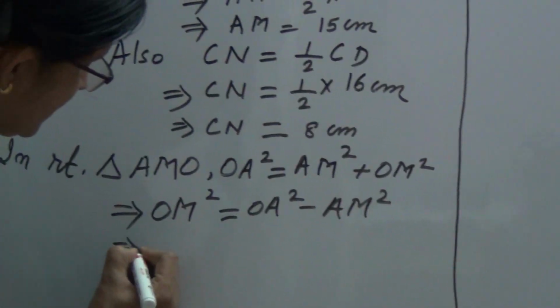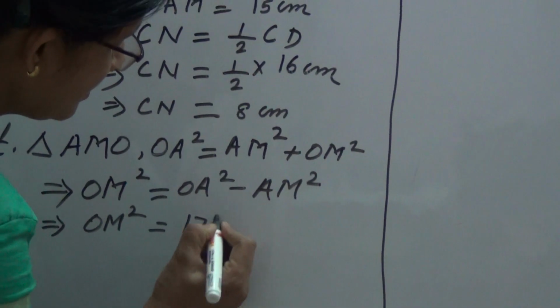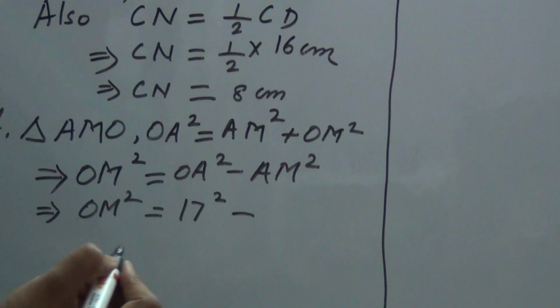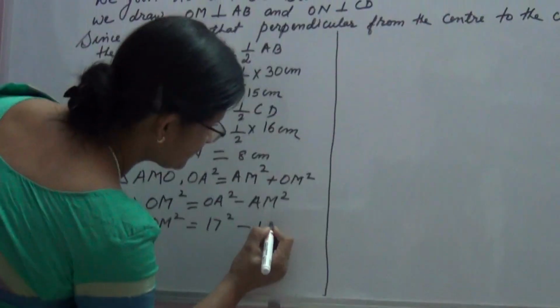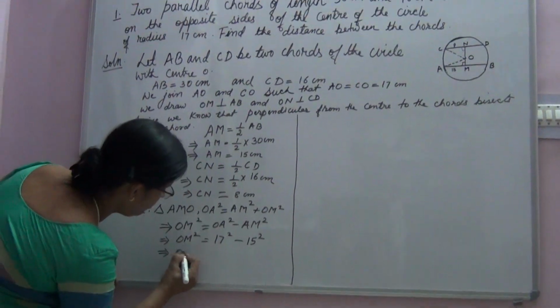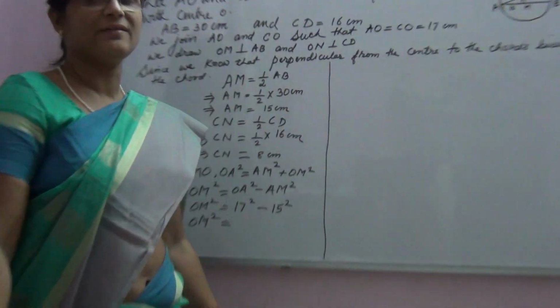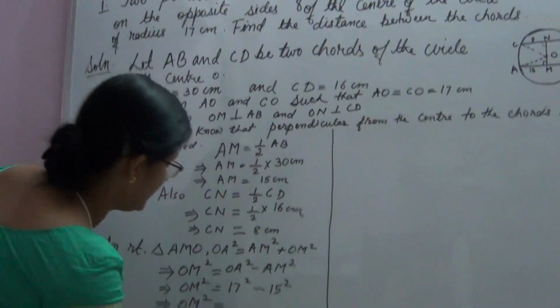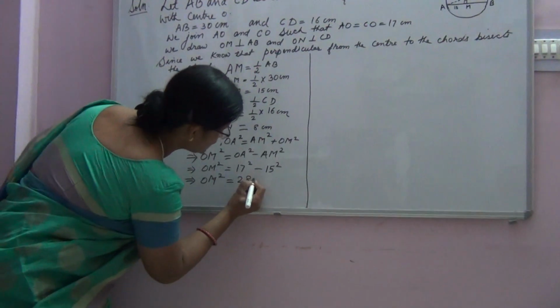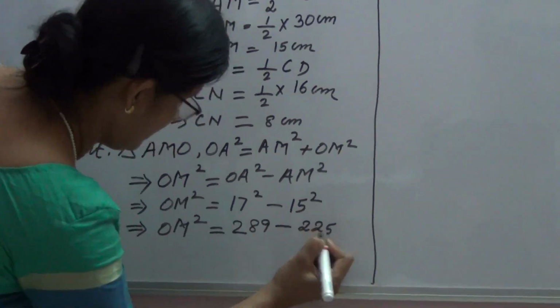This implies that OM square is 17 square minus 15 square. This gives us OM square is equal to 289, you must be remembering these values, minus 225.